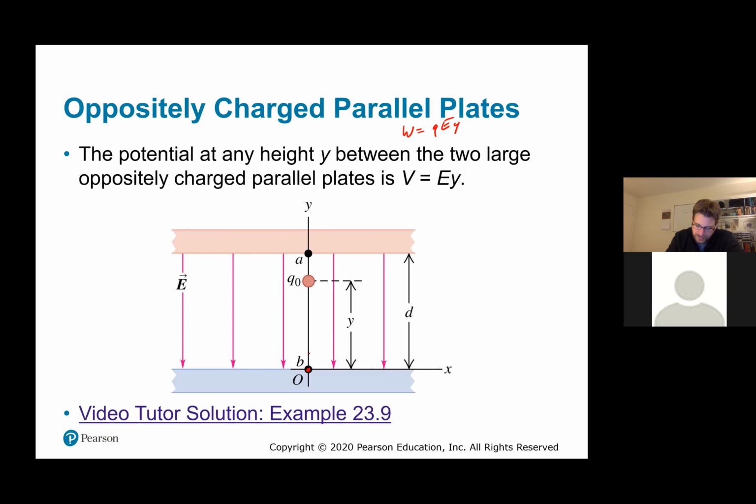As we start at B and move up towards A, we have to do work according to our Y coordinate. Work and potential energy are related. So we divide by Q, and then we're talking about electric potential. Dividing by Q means we just have EY.